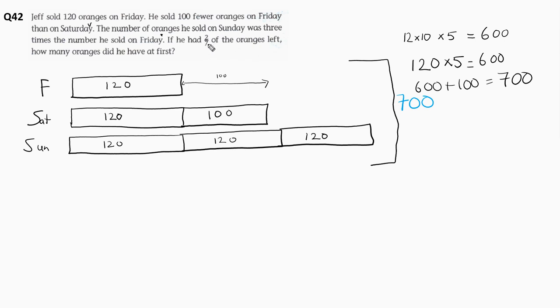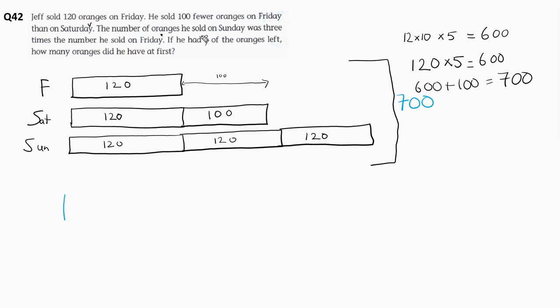Remember, when we think about fractions, we have to think about three things: the denominator, the numerator, and also what is the whole. Well, with this fraction, we're talking about all of the oranges. And not all of them were sold. Some of them are left. So we're going to have to draw another bar just to be sure about what's going on.